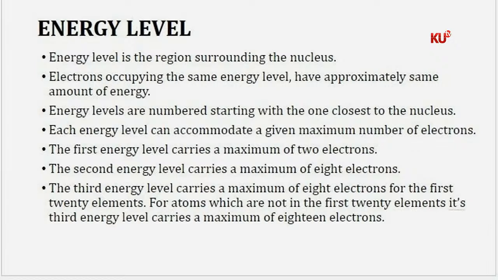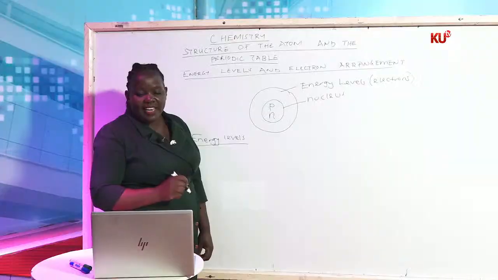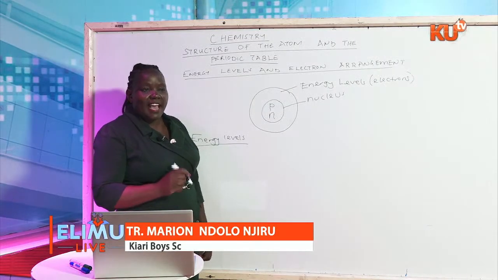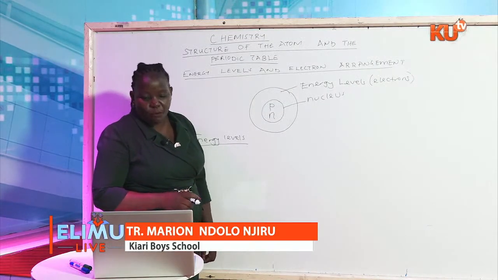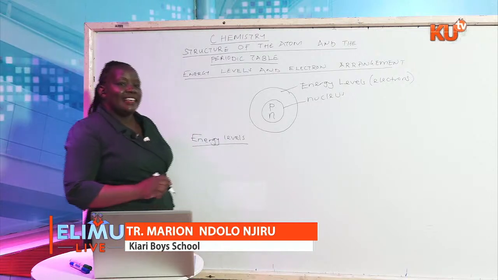After that, we have the second energy level, and then the third energy level. Something else to note is that electrons occupying the same energy level have approximately the same amount of energy.